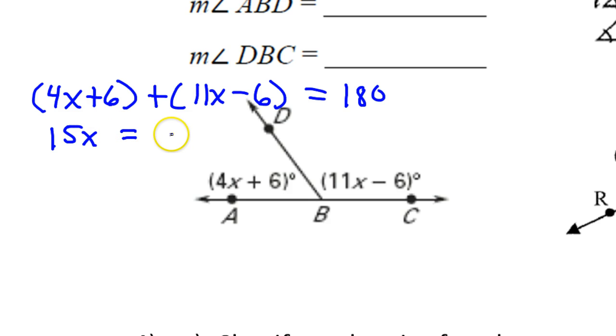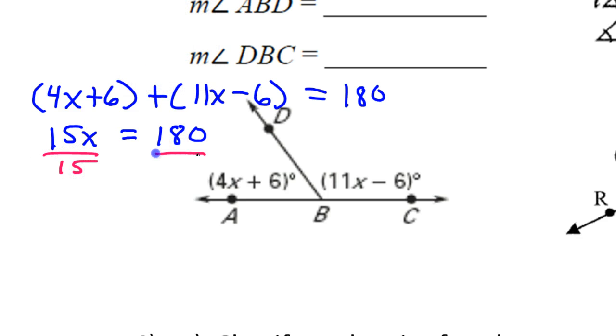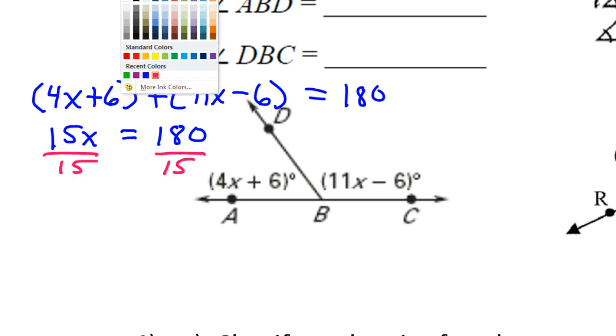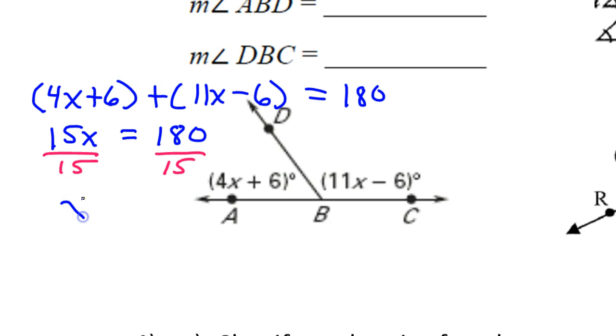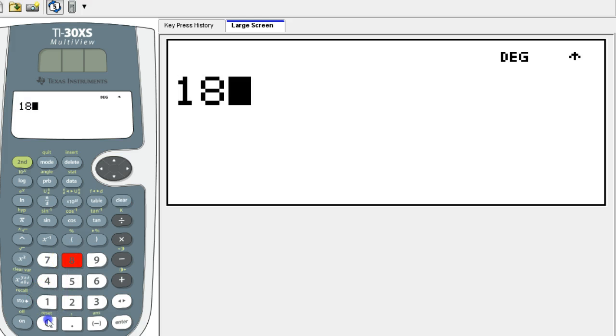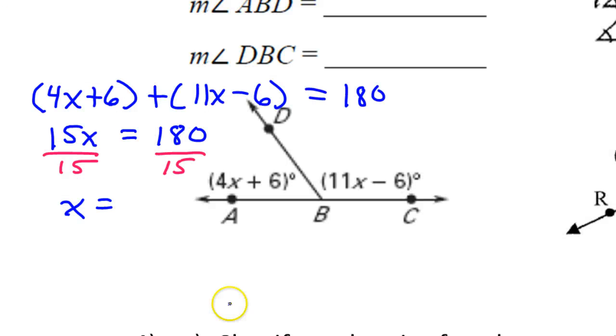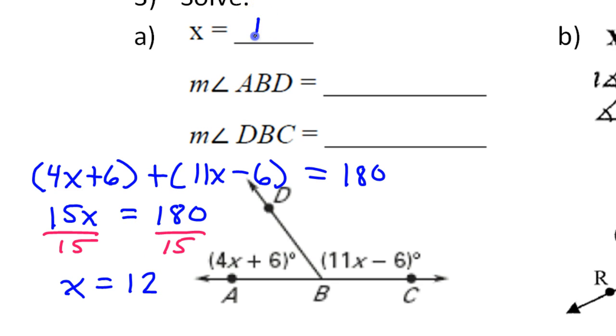So you just have 15x is equal to 180. Then you divide both sides by 15. That's 12. So x is 12.